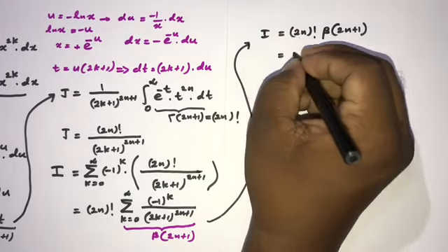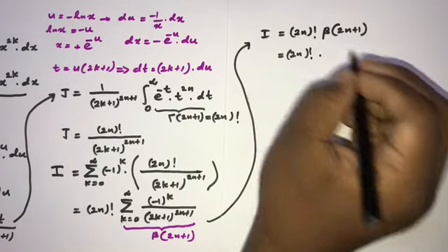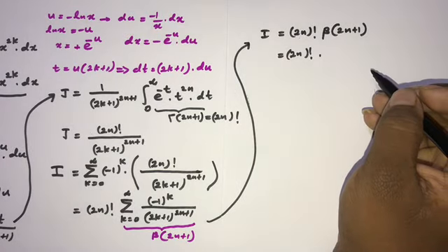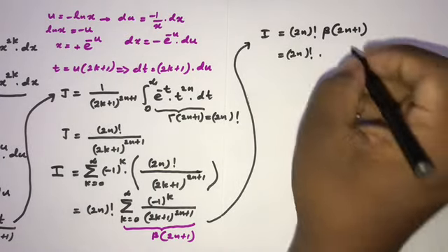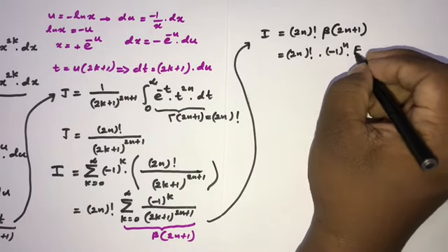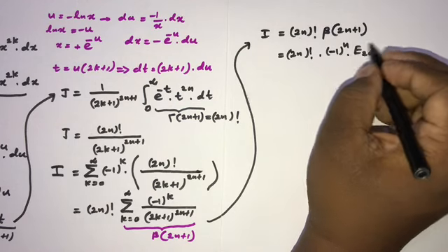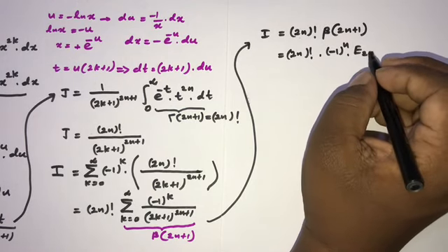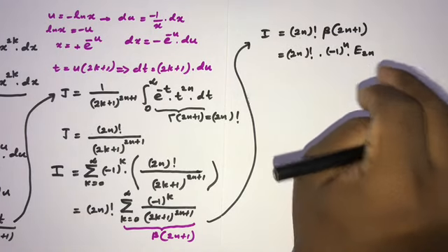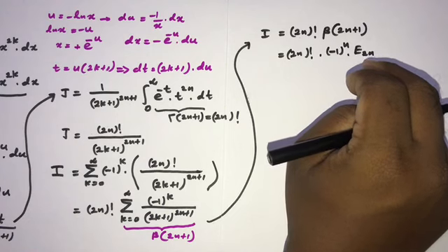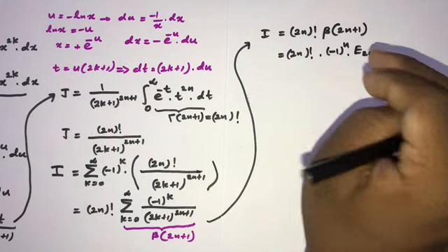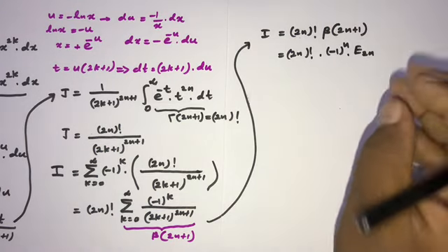Then this is the interesting thing, because we know beta of 2n plus 1 is equal to minus 1 to the n times E sub 2n, where E is not Euler's number e, but the Euler number, which we also call the secant number and also the zig numbers.